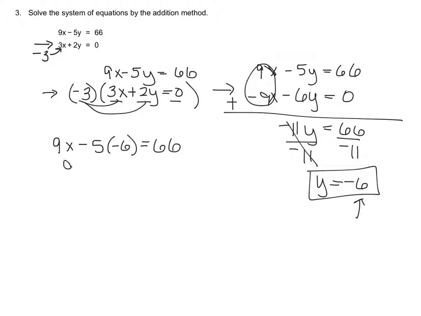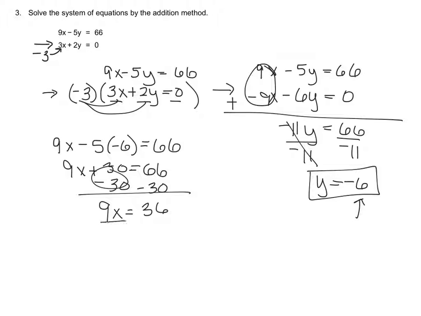And then we'll just solve this equation for x. So I have 9x plus 30 equals 66. I'll subtract 30 on both sides, and we get 9x equals 36, and then divide both sides by 9, and x equals 4.